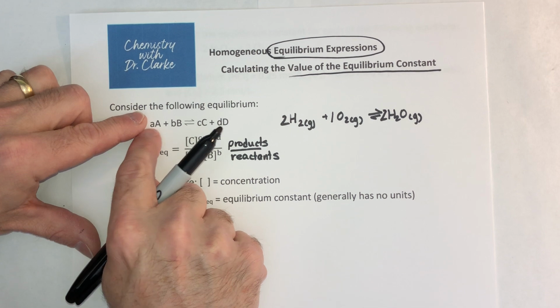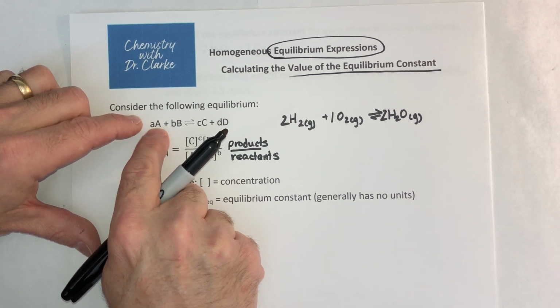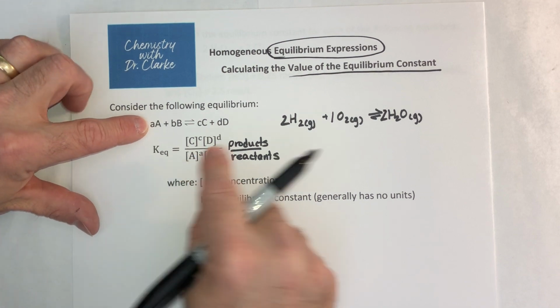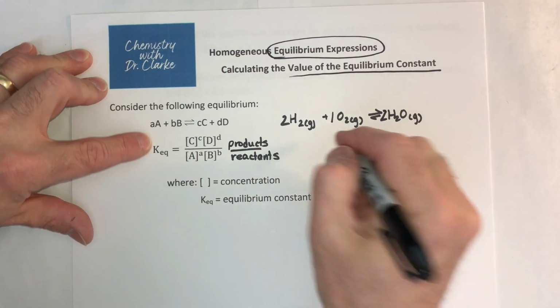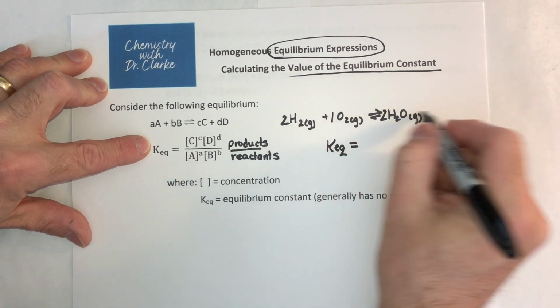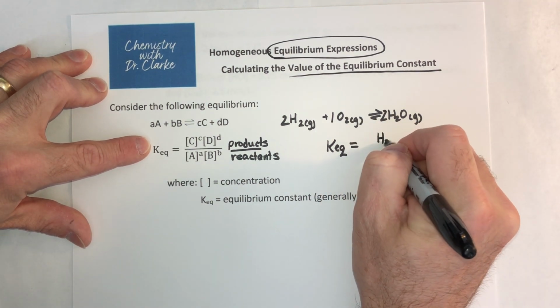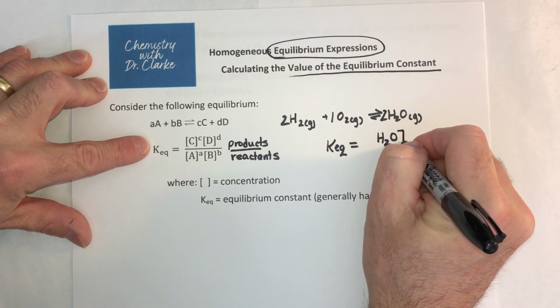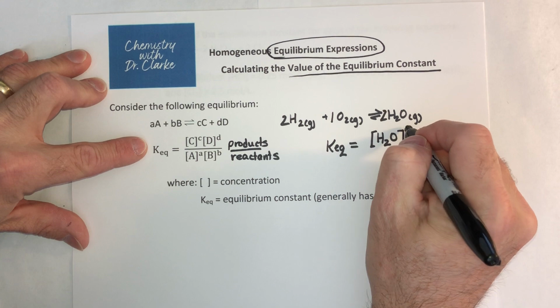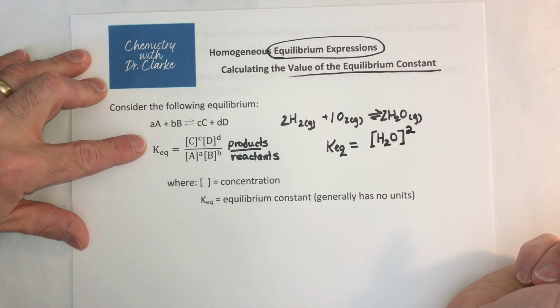So if you have A, where big A is the chemical, little a was the number used to balance it. So if we do something similar over here, we say that our equilibrium constant is equal to products, and there is only one product, H2O. We put it in square brackets to show concentration, and because it was balanced with a 2, that means the power is 2.